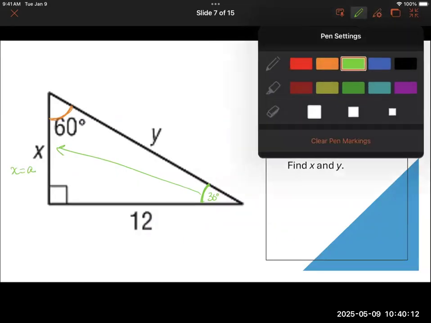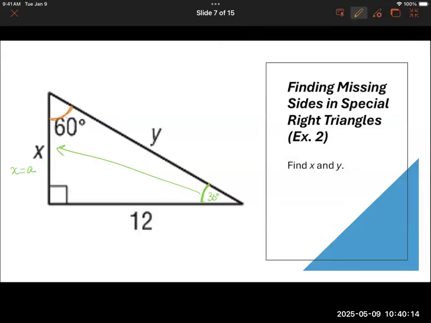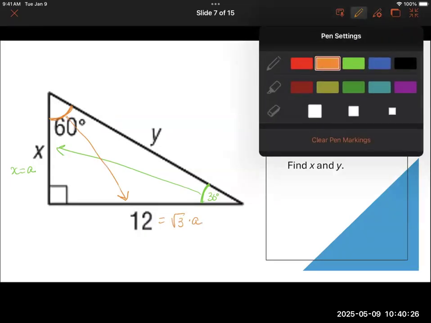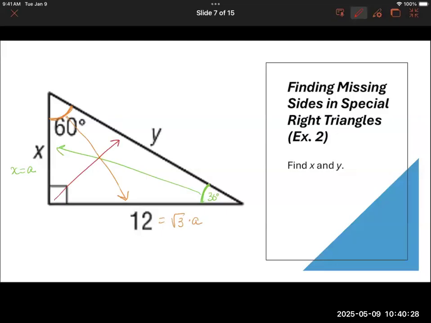We know that 60 across from that has to be square root of 3 times that A. So this 12 has to equal the square root of 3 times A. And then we've got our hypotenuse, which will have to be 2 times A. So using the side that we know, we can solve this equation.